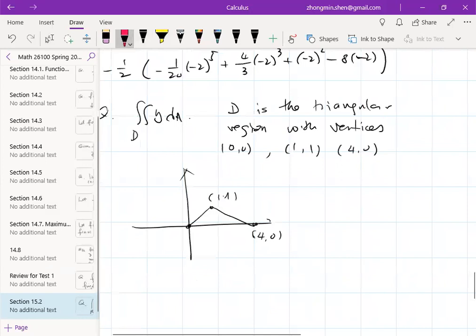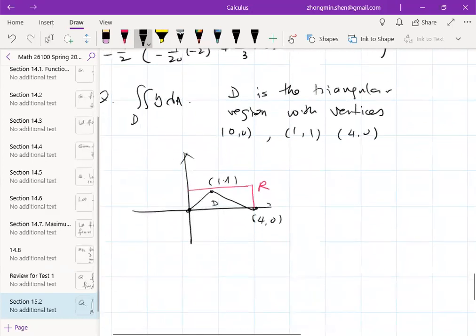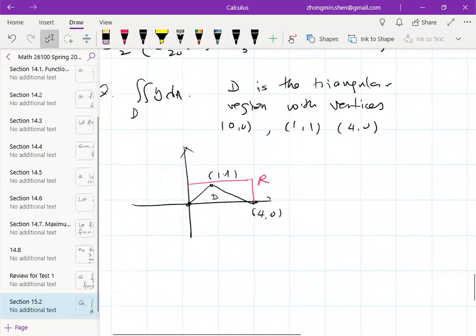So the rectangular domain you're going to use should be this, right? The question is what variable should be inside. So the double integral is going to be the double integral over R of capital F x dx.